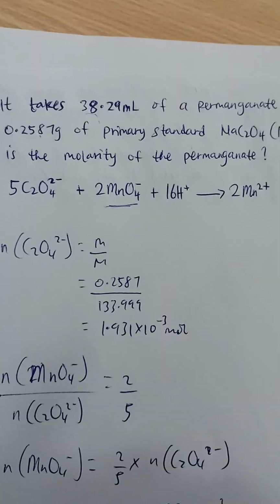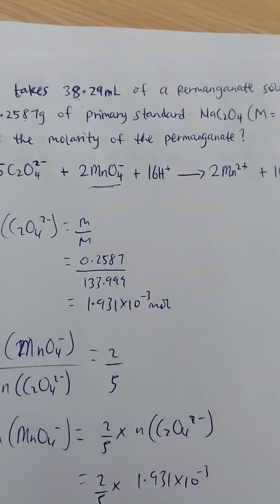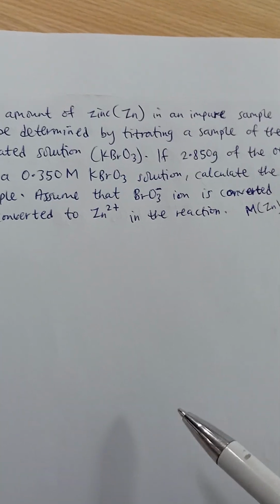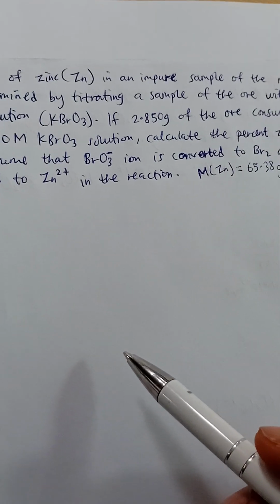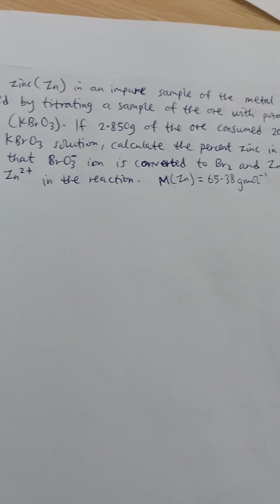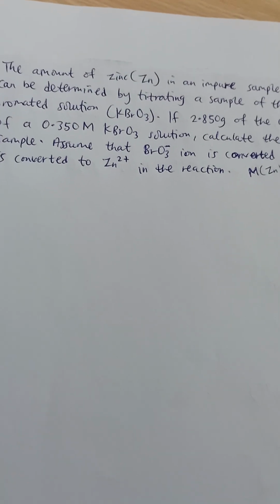Now, in some questions, you'll not be given the balanced equation. You have to balance it yourself and do the calculations. So, looking at this question, the amount of Zn in an impure sample of the metal ore can be determined by titrating a sample of the ore with a potassium bromate solution.